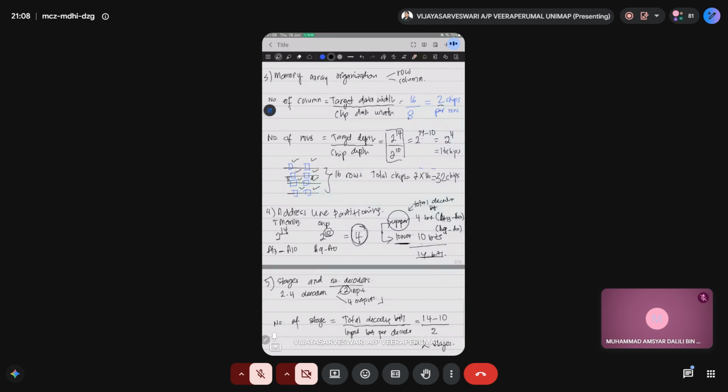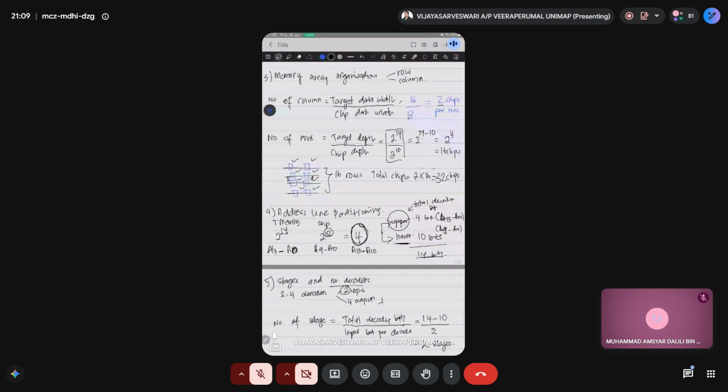When our memory is larger than our chip, the remaining size is 4 bits. So 4 bits extra, which means A13 to A10. A13 to A0 is for 2 to the power of 14, which is your 14 bits.